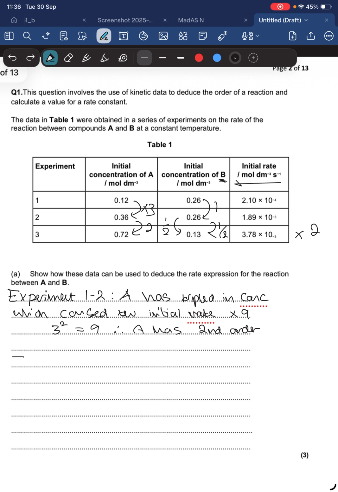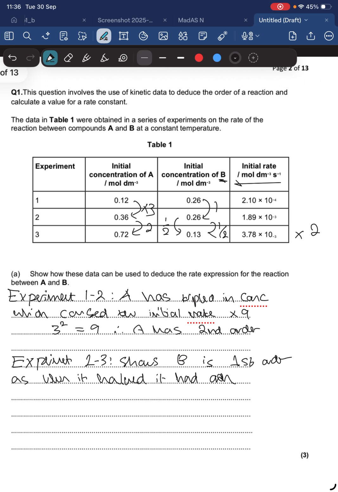So we write down: experiment 2 to 3 shows B is first order, as when it halved, it had an effect on the initial rate. I'll just put initial rate, don't want to confuse you. Okay, so that's 3 marks when you work that out.